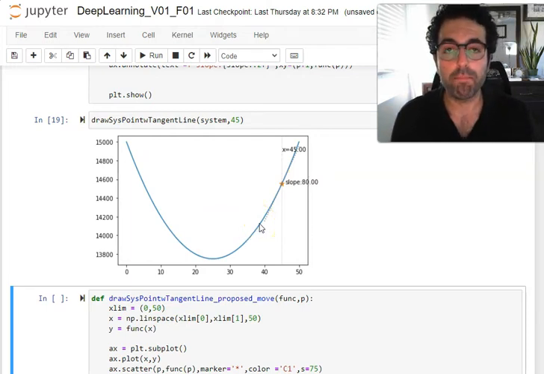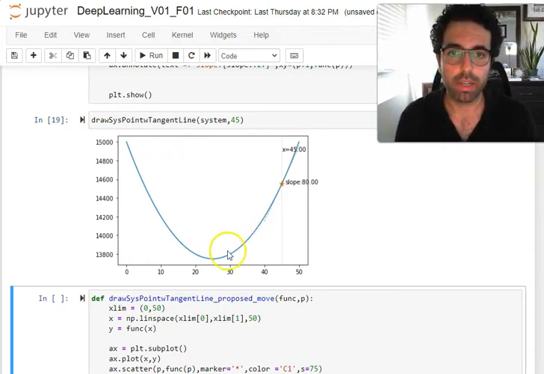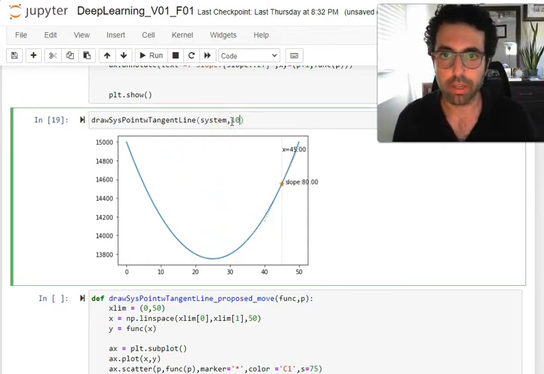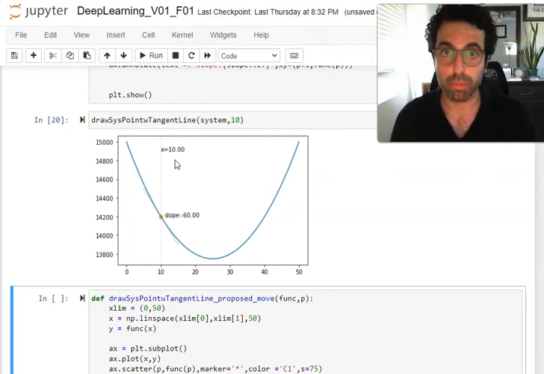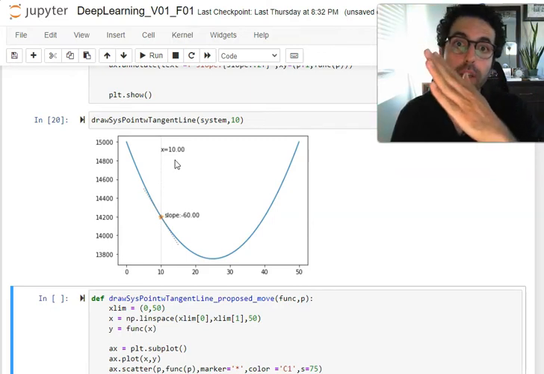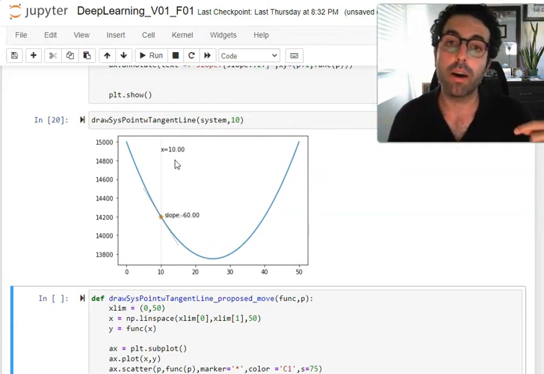So this is the idea of gradient descent. Let me go back to 10 here. So the gradient descent idea is that if we are capable of calculating the slope of a differentiable system or a function, we can find a direction towards which we can improve our goal, or improve the value of our function, right? So the goal here is to find what is the x that makes our system minimum.